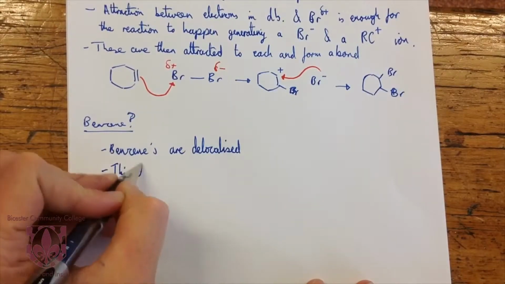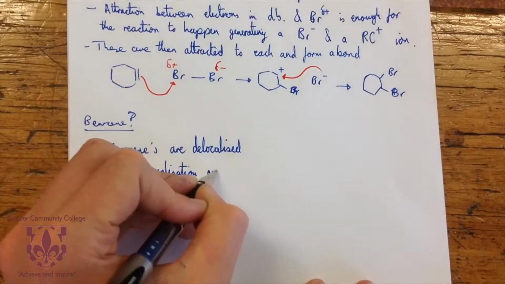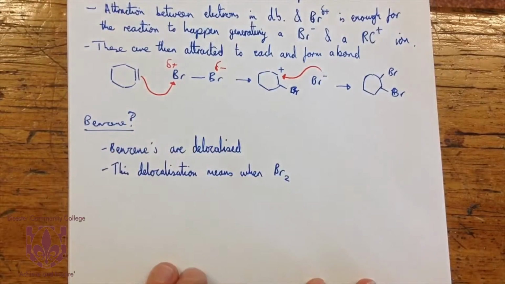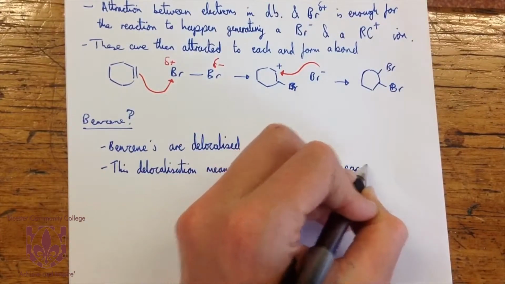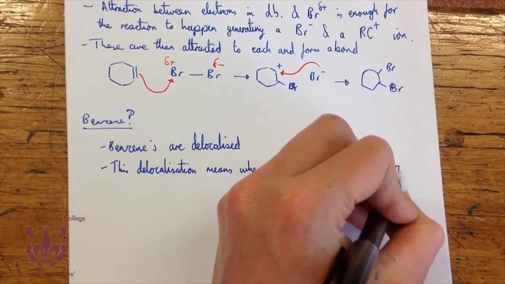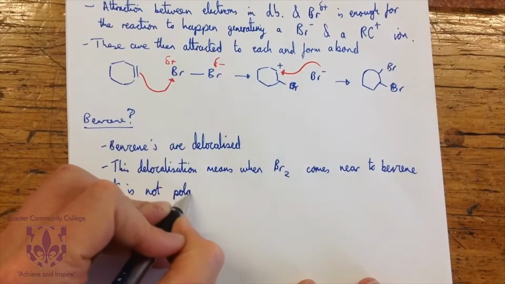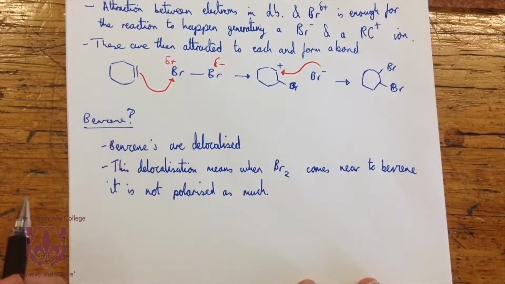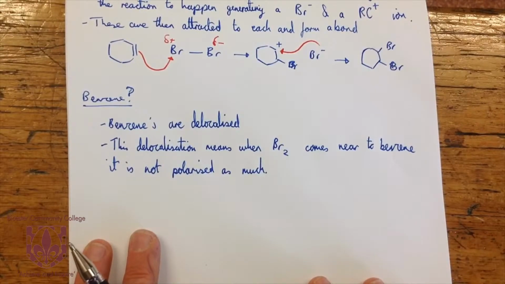This delocalization means when a Br2 molecule, when bromine comes near to benzene, this is not polarized as much. So it doesn't have as large of an instantaneous dipole as with cyclohexene.